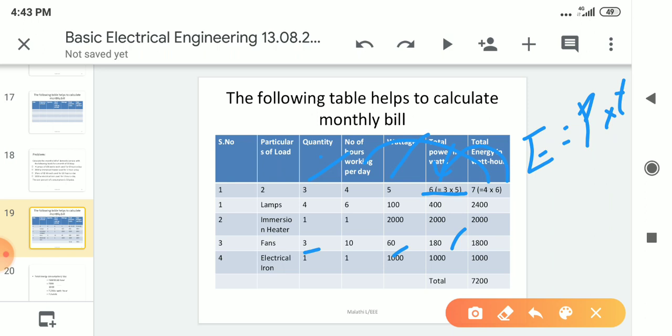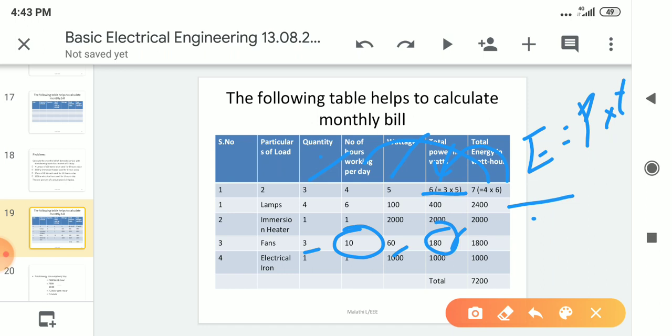Let's see this first. 400 into 6 gives 2400. Next, 2000 into 1, 2000. 180 into 10, 1800. Fans are working 10 hours per day, that's why 180 into 10 gives 1800.